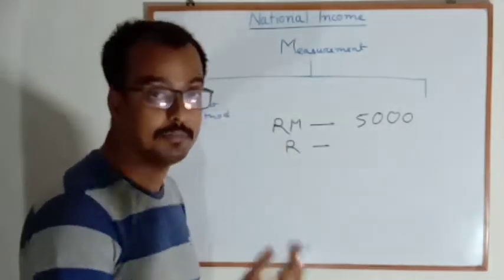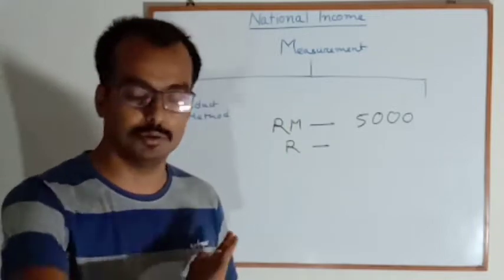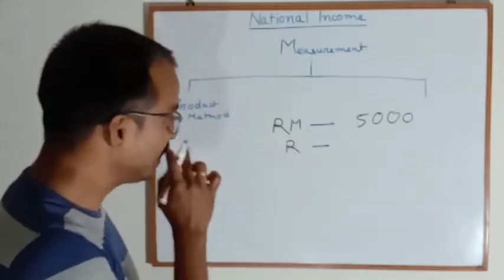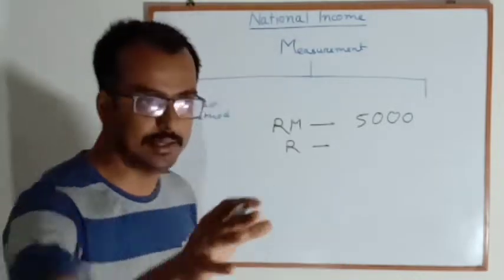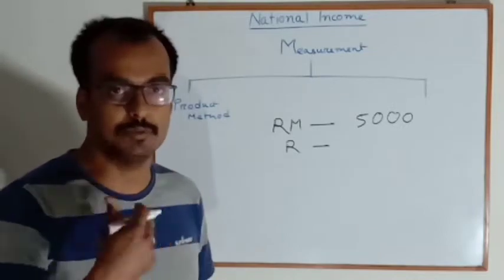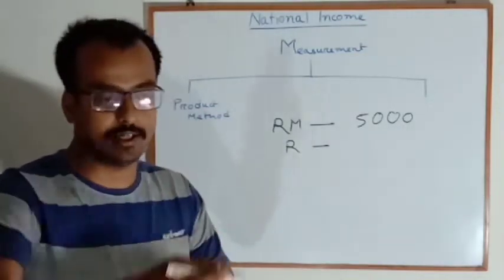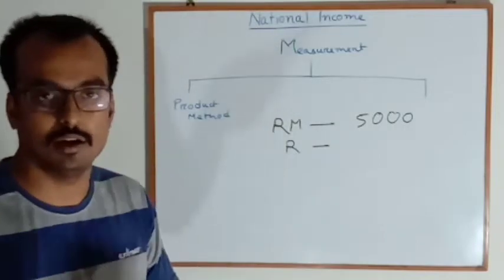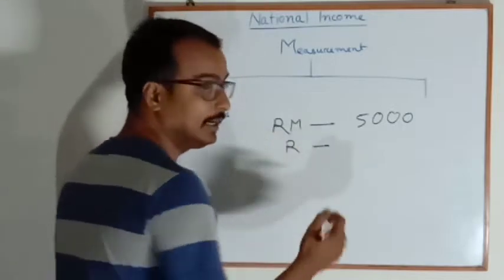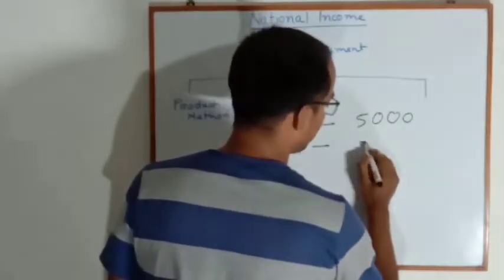Say for example, in the country only this farmer is there, no one else. So the farmer produces rubber milk and sells it to Mr. B, and Mr. B is a manufacturer of rubber. He will purchase the rubber milk, and out of that he will be producing rubber through the process, and he will be selling that rubber at a price of say 8,000.